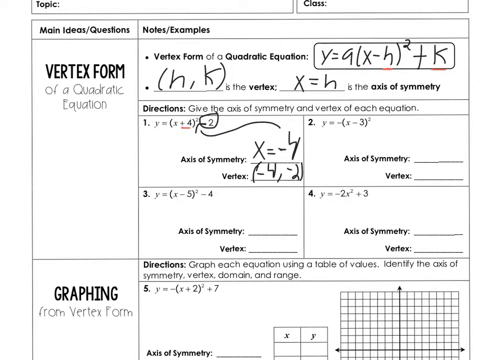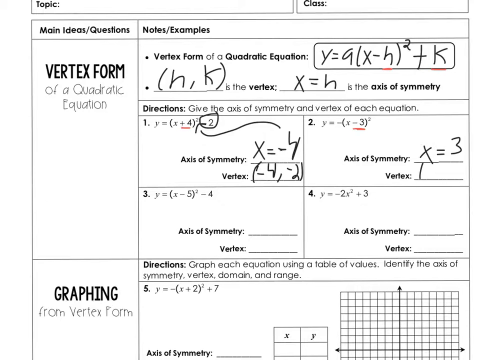And then let's look at one more together, and then I'll let you guys do it by yourself. Okay, so we've got vertex form, and we're looking for our axis of symmetry. It's whatever h is, right? So x equals, and in this case, we've got the minus part, so x is just 3, okay?